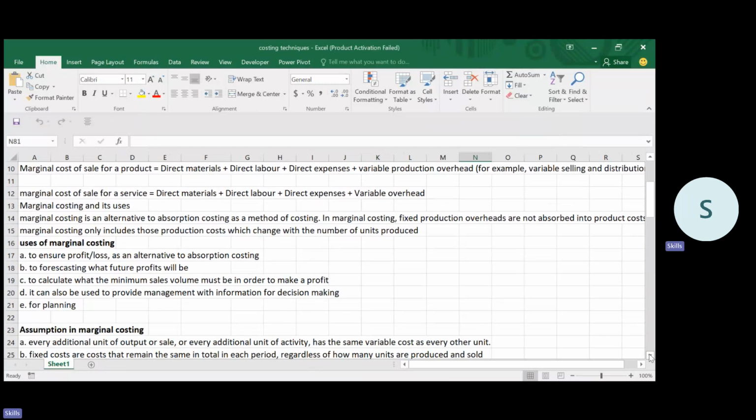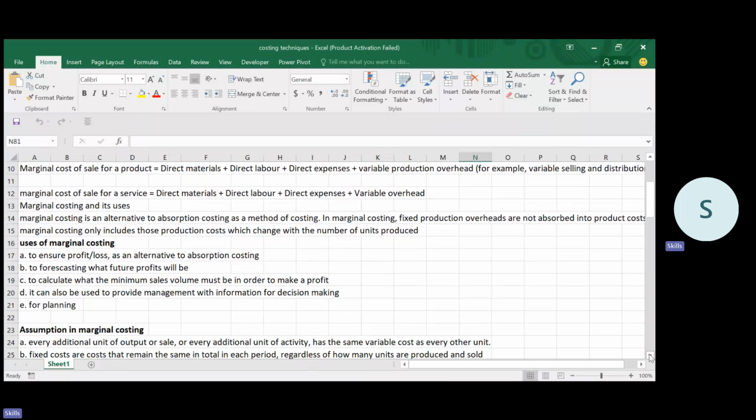So marginal costing is used for decision making. Then for planning, marginal costing is also used to plan the volume we sell and to plan what contribution is earned from each product in order to make a profit.